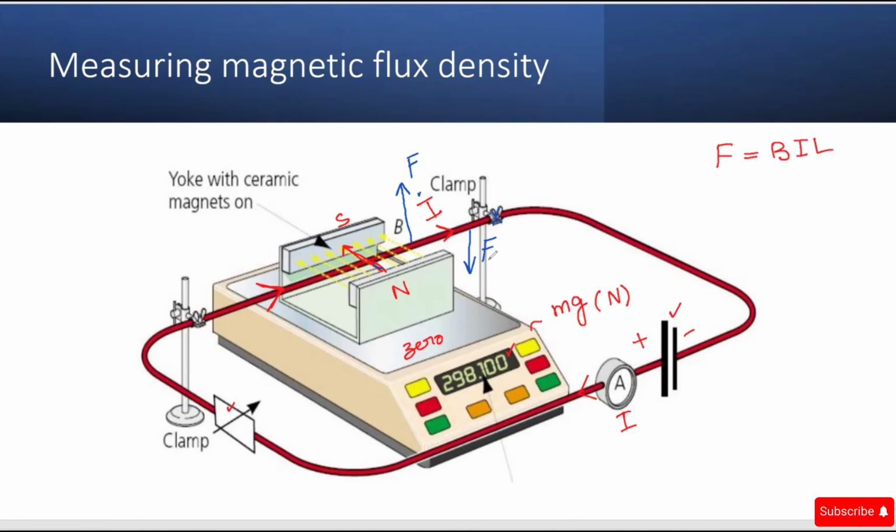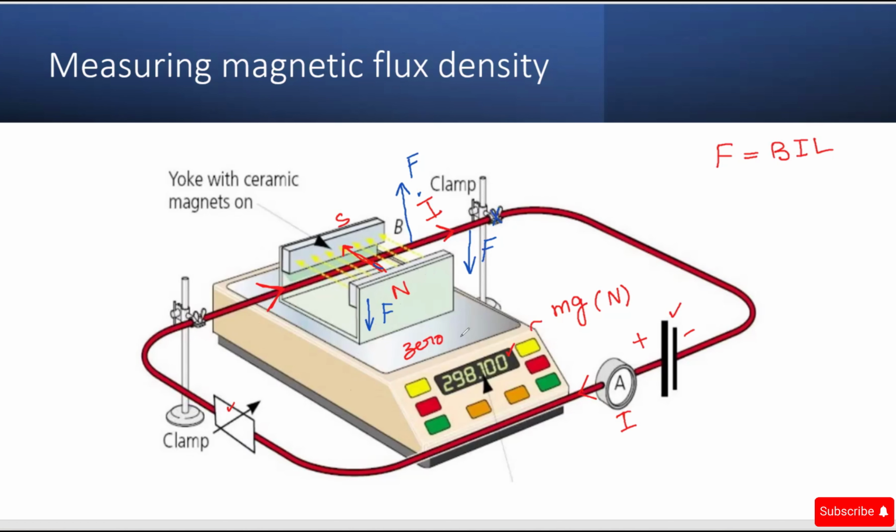So this bar magnet is applying the force on this wire and the wire is not moving, and then according to Newton's third law, this force will be experienced by this bar magnet, and that will be downwards.